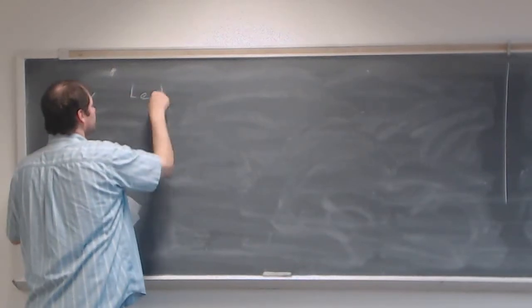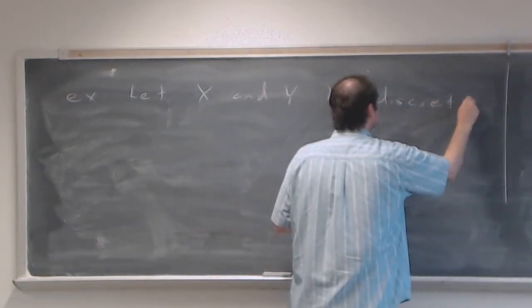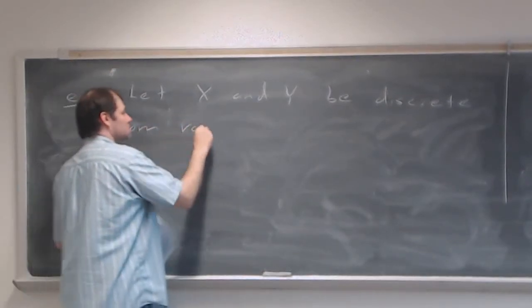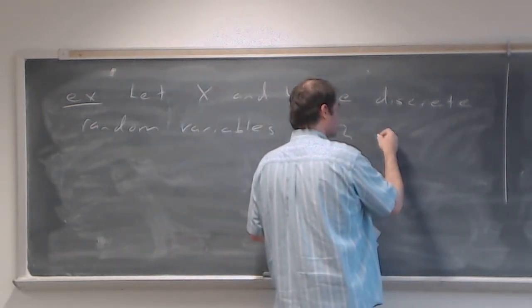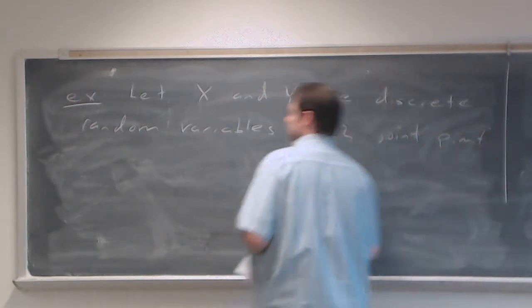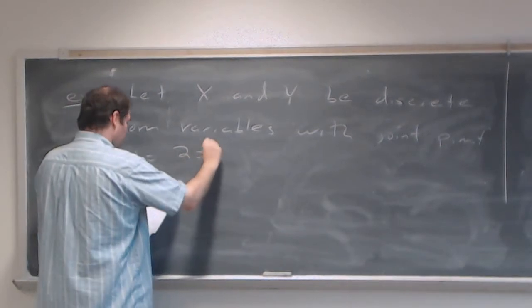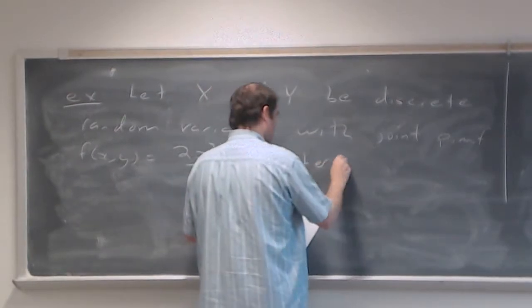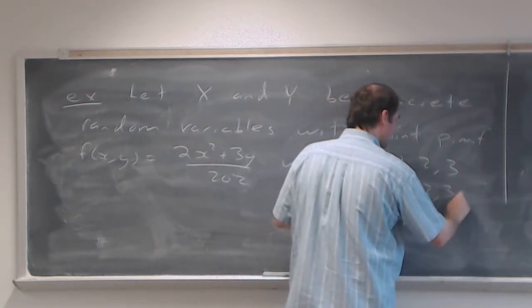We're going to let x and y be discrete random variables with joint PMF f of x comma y equal to 2x squared plus 3y over 202, where x is equal to 1, 2, and 3, and y is equal to 1, 2, 3, and 4.